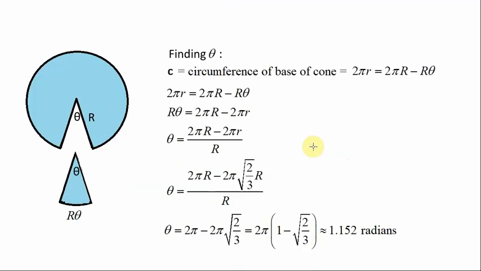And now let's find theta, which is the central angle of the cutout piece. The length of the sector here is R theta.